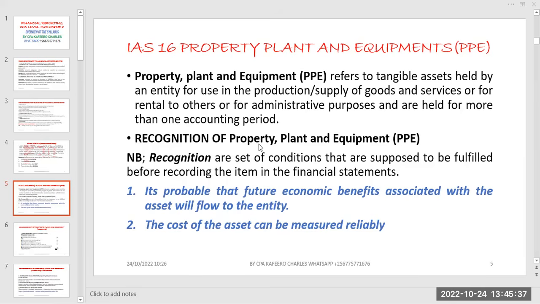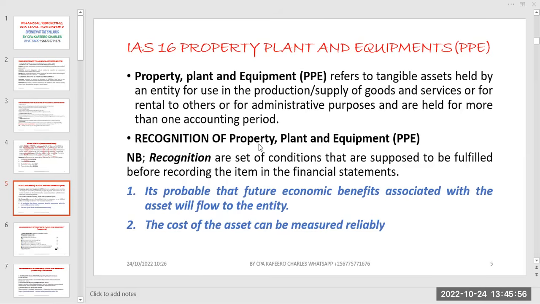Those are the ones we look at, and we put in the time value for money. We try to look at the timing of those inflows. How are they coming? Then we try to discount them to make them present. So we are going to be looking at most of those things.